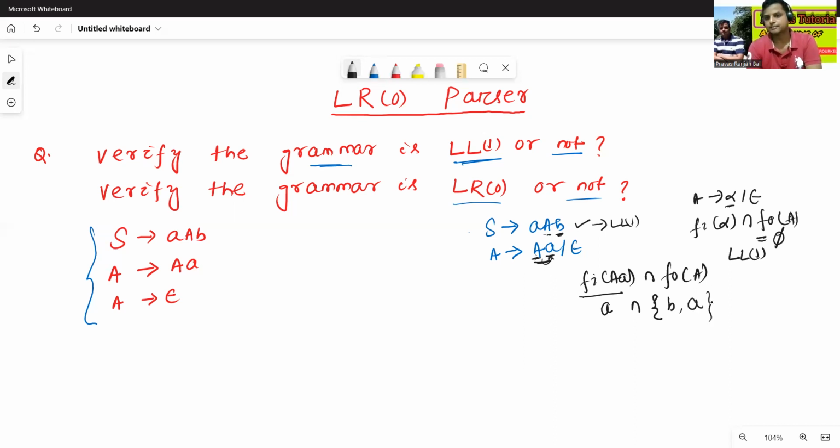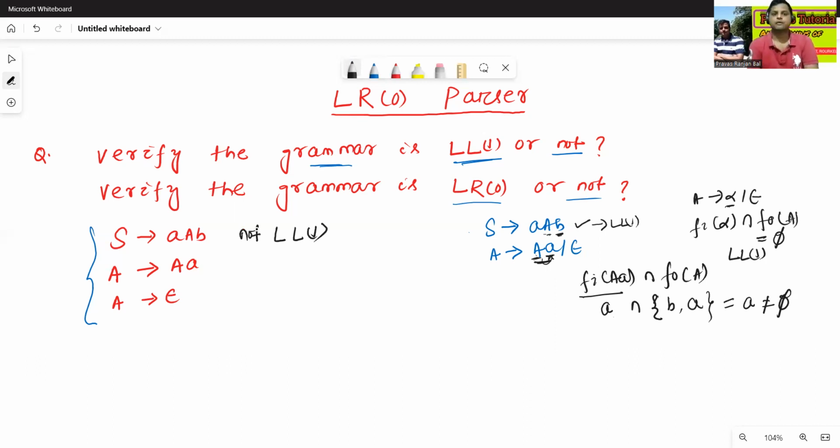So A intersection BA is A, which does not equal phi. Since it does not equal phi, this grammar is not LL1.